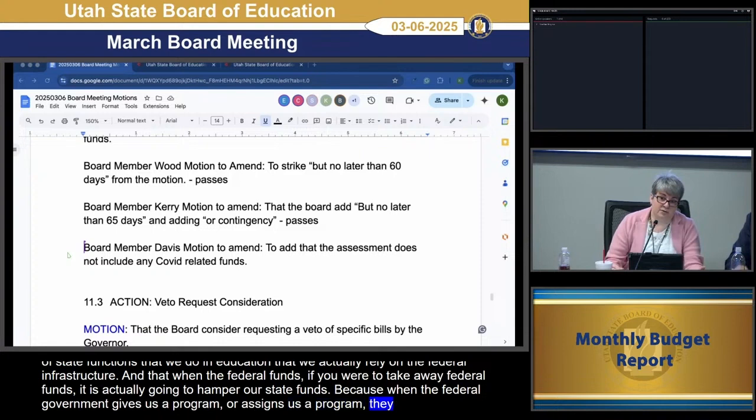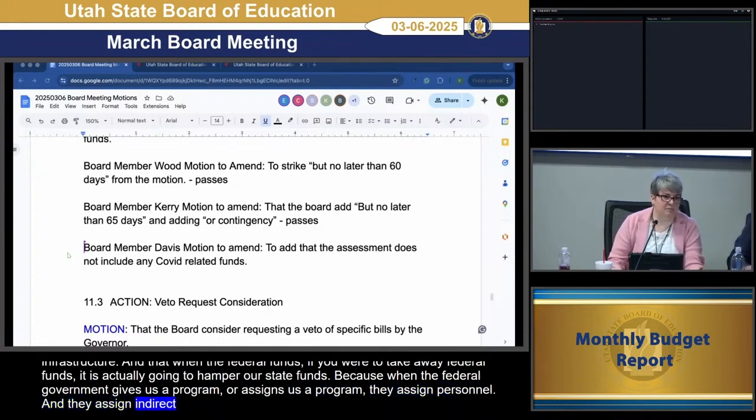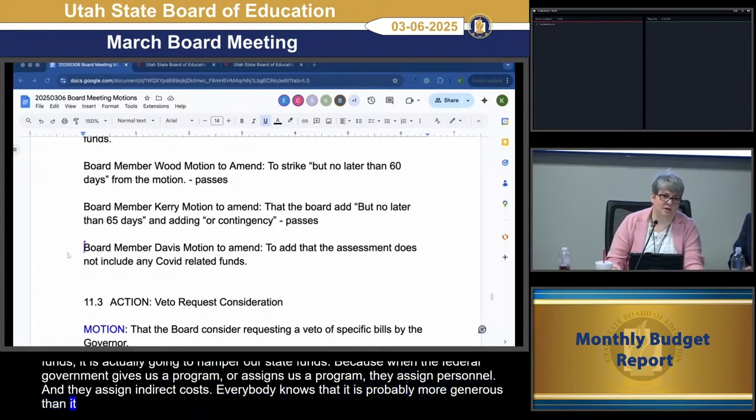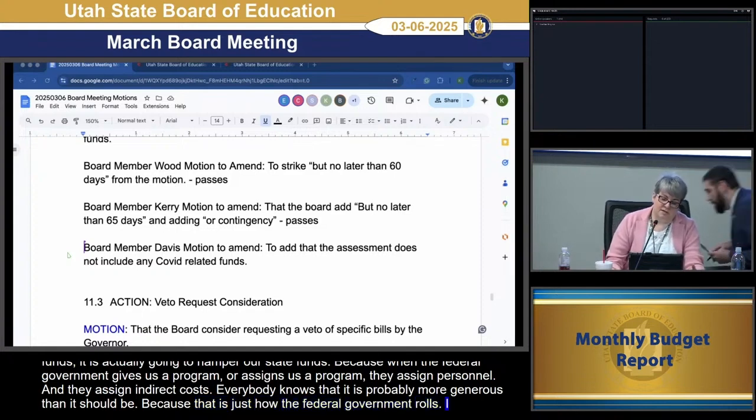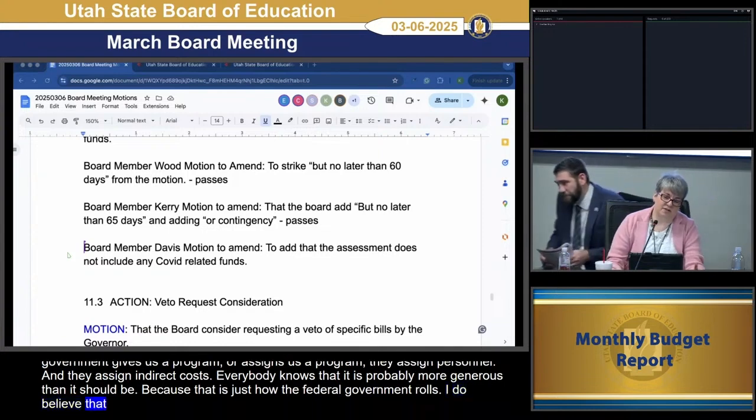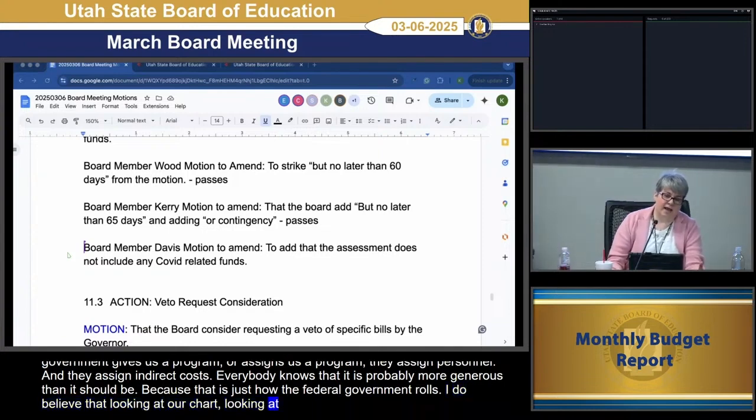And everybody knows that it's probably more generous than it should be, because that's just how the federal government rolls. So then I do believe, in looking at our org chart and looking at our people, that some of our federally funded people handle our state programs.